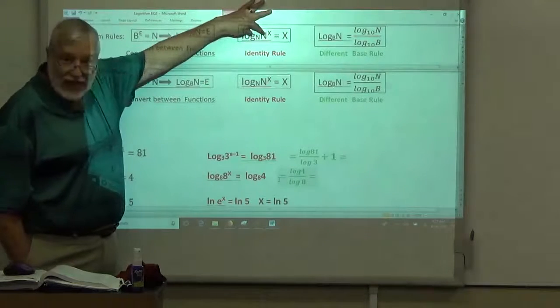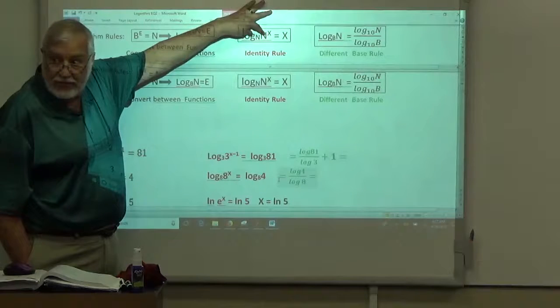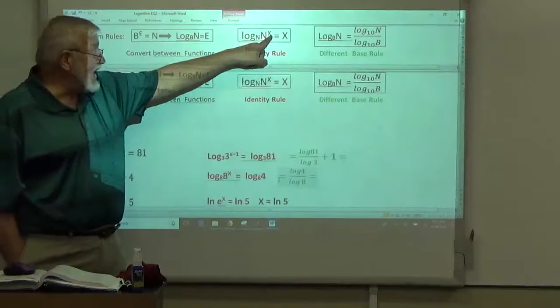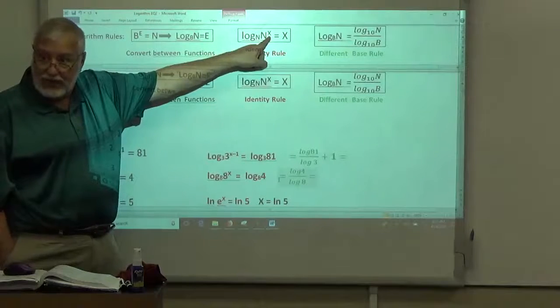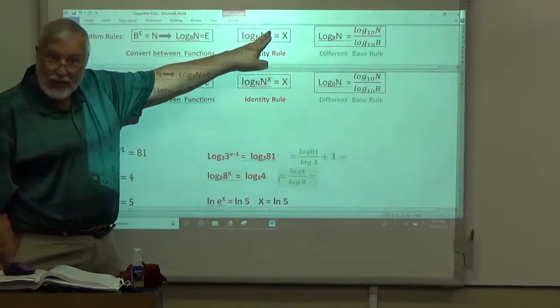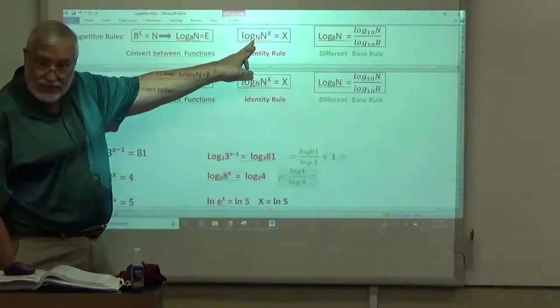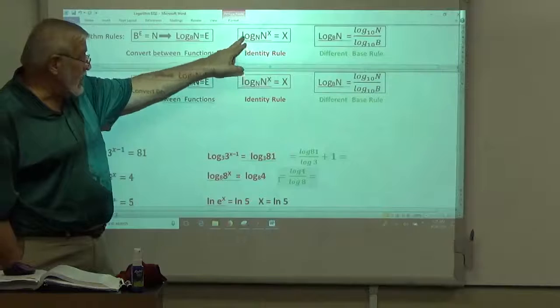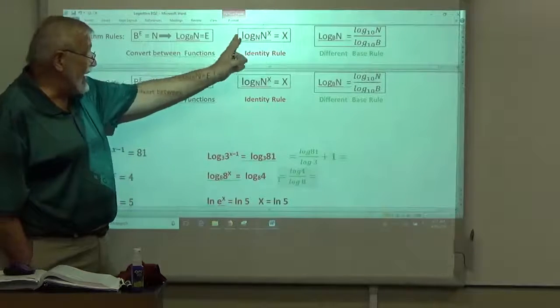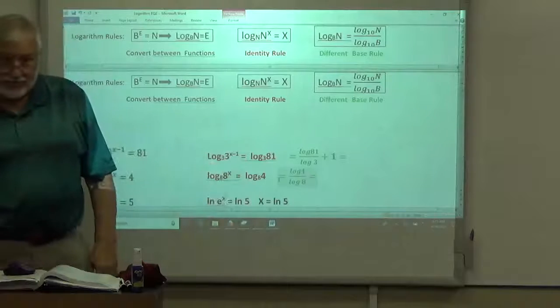That makes this the exponent 1, and so I have 1 times x. And you can use the last rule that we did: x to the y power is y times log of x, but log n of n is 1. So this would become x times 1, or just x.